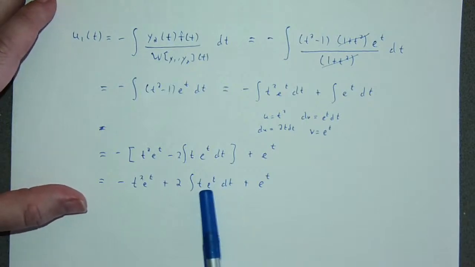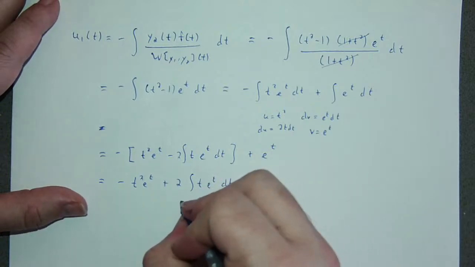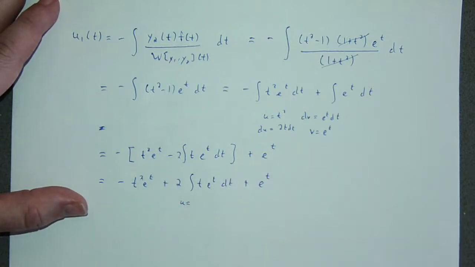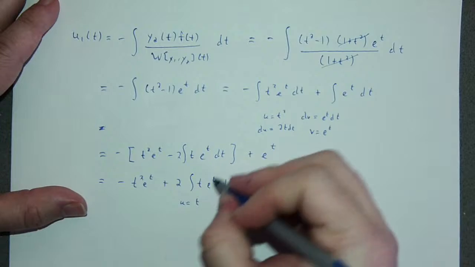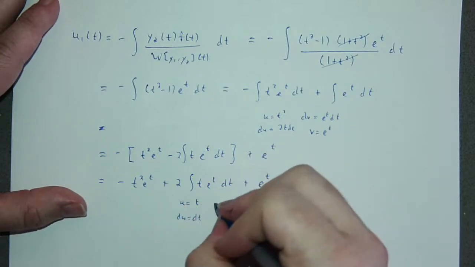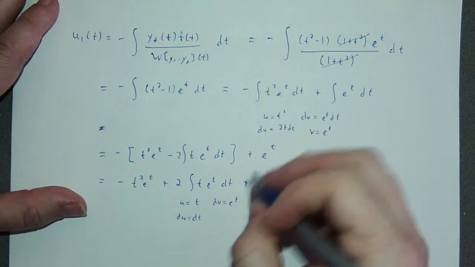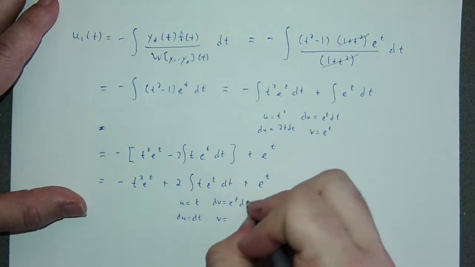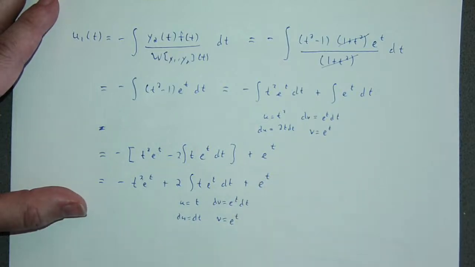Here, what do I get here? I want to do the same thing, right? So let's just write out integration by parts here. So u is t, and du is dt, and dv is e to the t dt, and so v is e to the t.